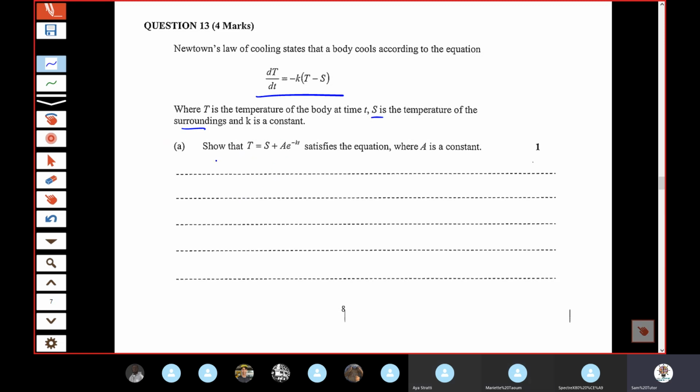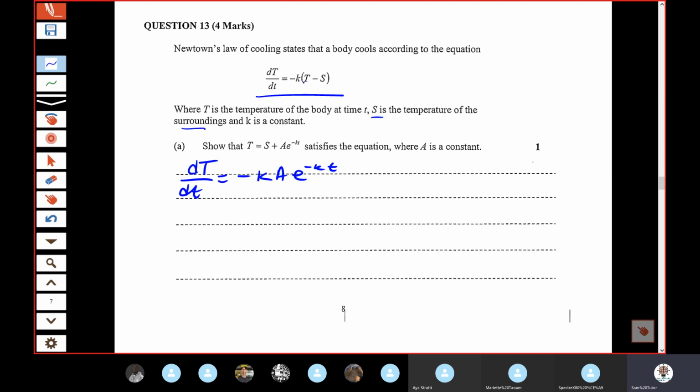Differentiate it. Derivative of S is gone. Derivative of A e to the negative kt becomes negative k A e to the negative kt. So you differentiate the negative kt, it becomes negative k, and then you leave everything else as an exponential.